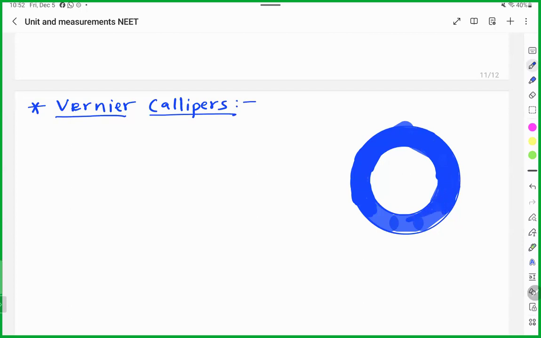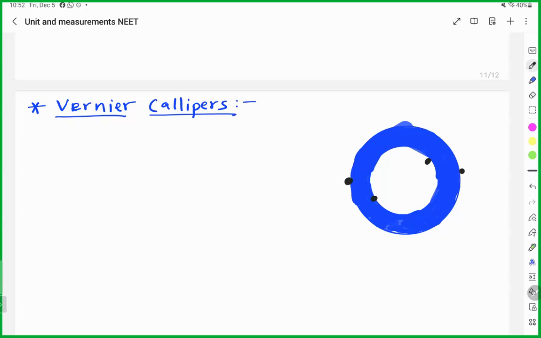So there are two ways of using the vernier caliper in the same tube. If you want to measure the outer side or inner side, it depends. See, this is the inner side. This is the outer. Okay. So if you hold from the outside and then put the clamp on it, then it is the outer dimension. And if you put the clamp on the inner side, then it will be the inside jaw.